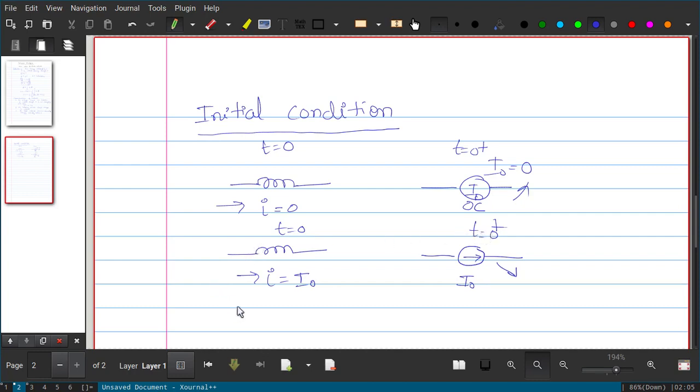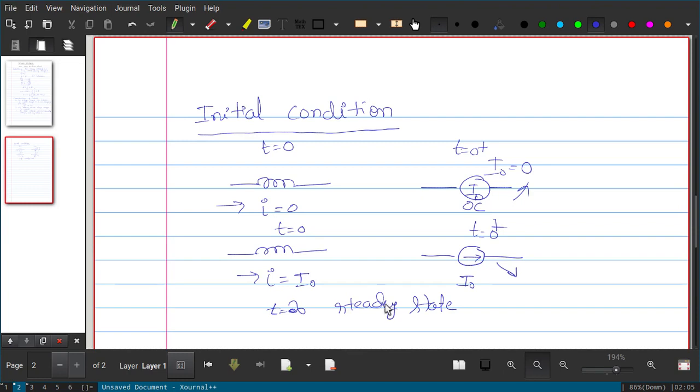And if you apply a DC current or voltage to the inductor, then at t equal to infinity, we can call this the steady state. Steady state means you apply a DC source and keep quiet. After a certain amount of time, it will attain a steady state.